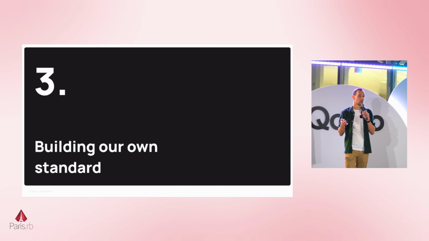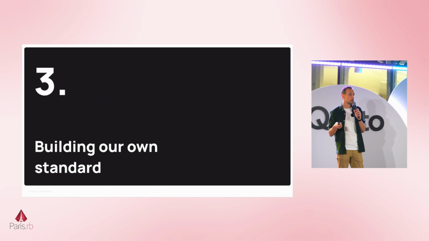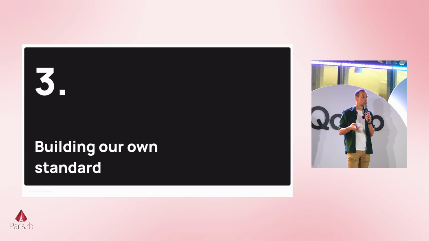So we ended up doing a compromise, having kind of a microservices architecture inside a monolith. And this is what led us to build our standard and to define rules and guidelines to make sure that we fix our organization and delivery issues.